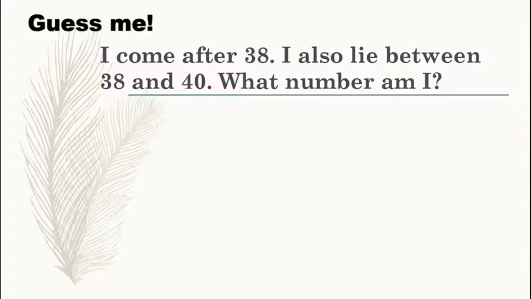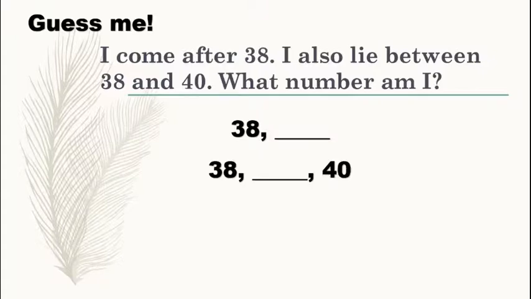We'll start with the first sentence: I come after 38. So we are looking for the number that comes after 38. And the second sentence, I also lie between. So it is in the middle of 38 and 40. What would be our answer?